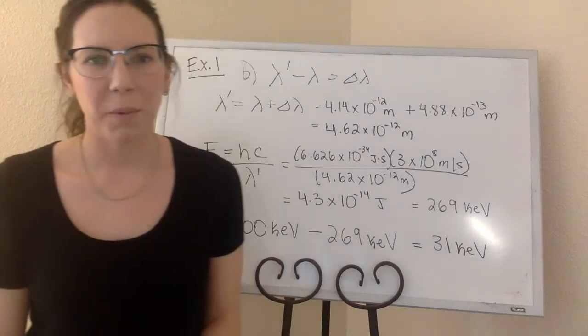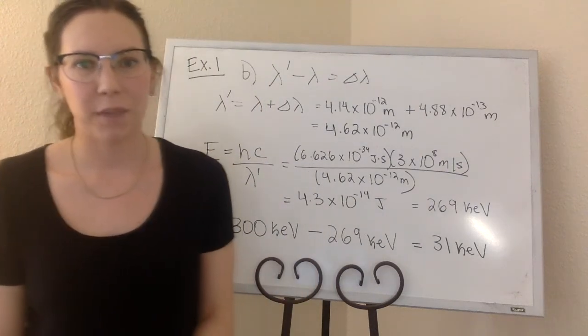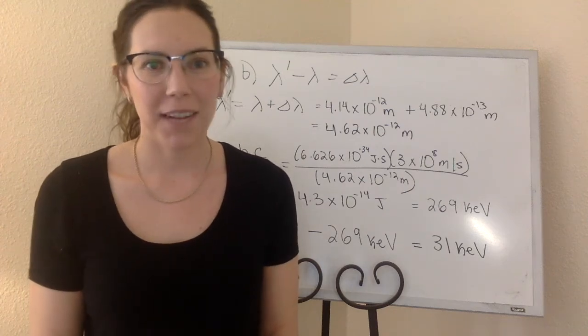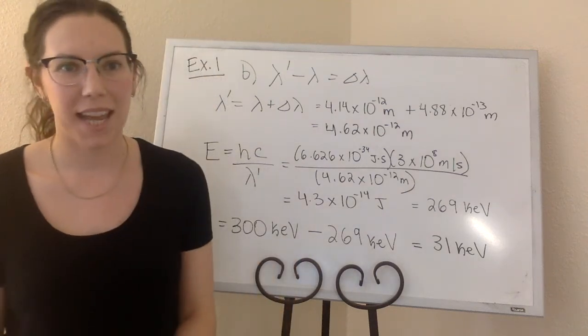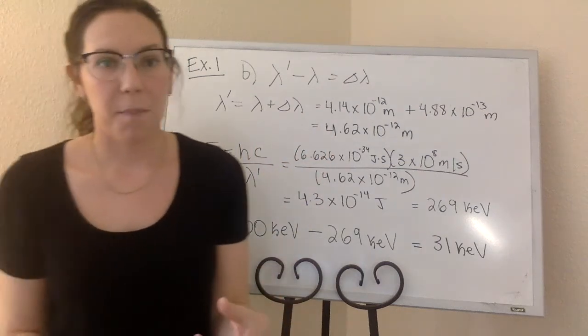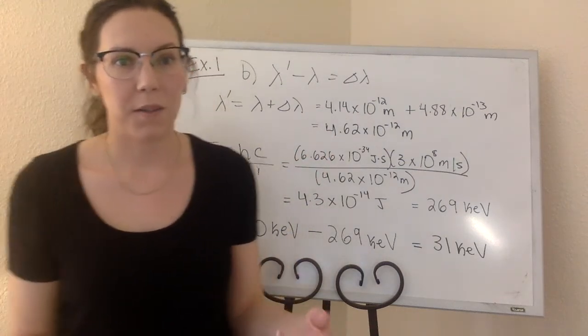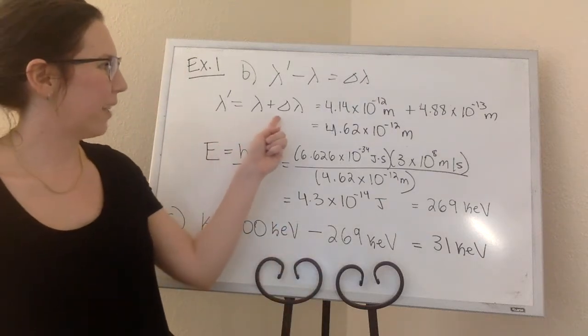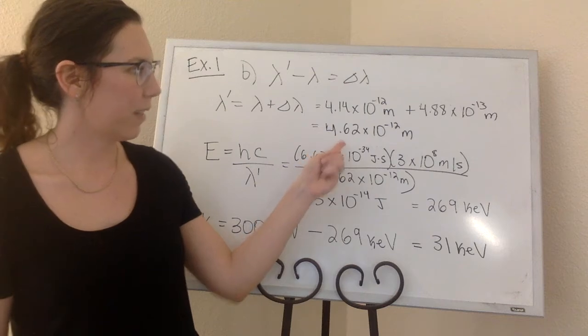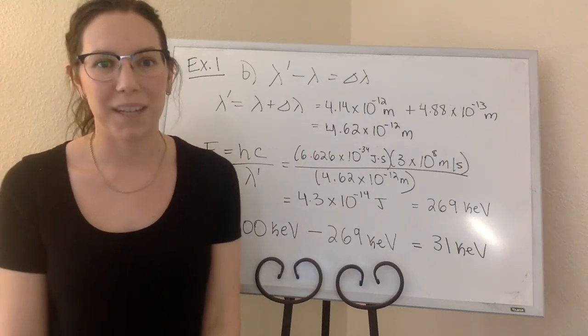Okay, so in this part, we were asked to find the energy of the scattered photon. So using the initial wavelength that we found already and then the Compton shift from part A, we can just add those to find the final wavelength of that scattered photon. So we have lambda prime equals lambda plus delta lambda, and adding those two numbers gives 4.62 times 10 to the negative 12 meters.